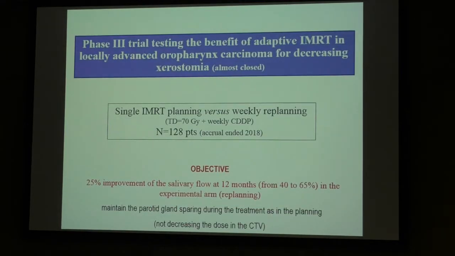This was a dosimetric approach, but we just completed a randomized trial comparing a standard approach, one planning, versus a weekly replanning, trying to demonstrate that by using a weekly replanning, we were able to decrease, of course, the parotid gland overdose, and also to decrease the risk of xerostomia.